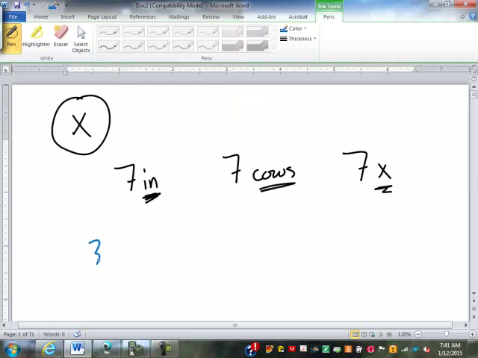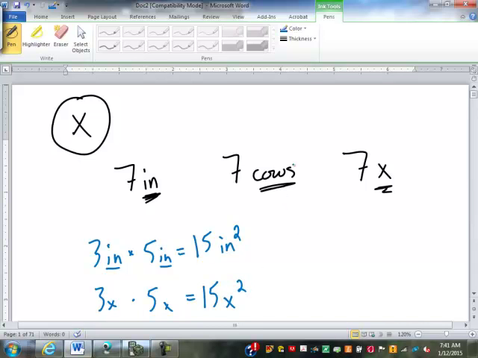If I had 3 inches times 5 inches, I get 3 times 5 is 15, but I also have to do inches times inches to give me inches squared. If I have 3x times 5x, the exact same process occurs. 3 times 5 is 15. X times x is x squared.